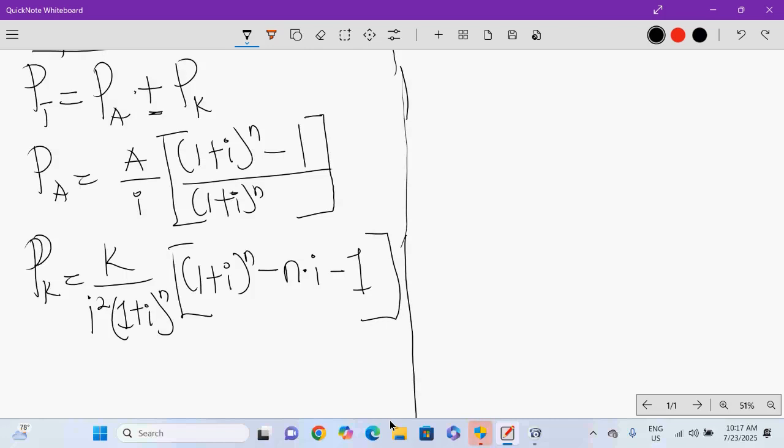So this is the present value of the gradient. If you want to get the present value of the total amount, you find the present value of the annuity plus or minus the present value of the gradient. Then that gives you the total present value for the gradient. Here the k is the constant towards the constant change.